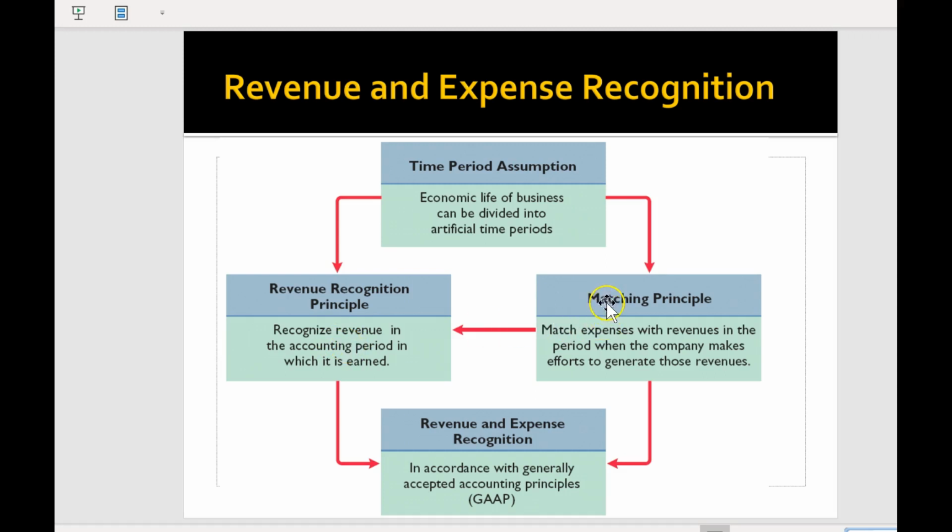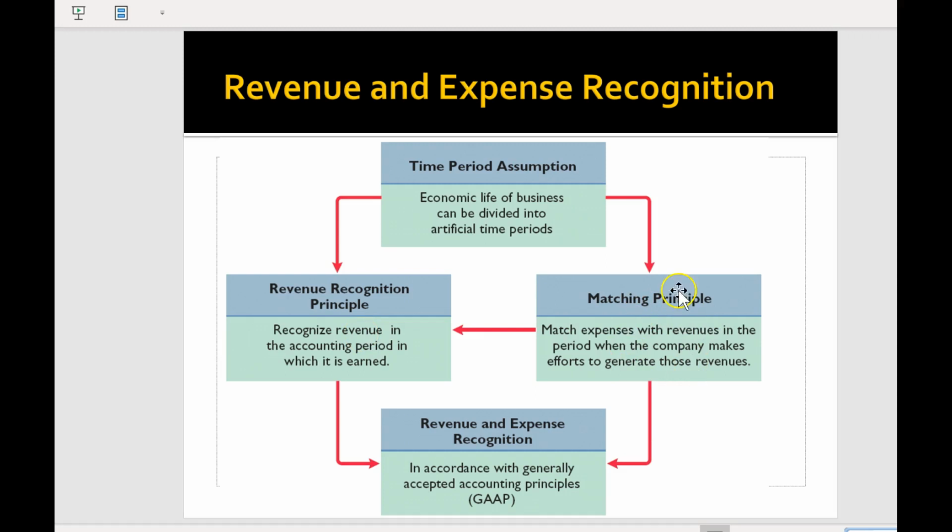The second question we ask ourselves is, did we use up resources to generate the revenue? In the supply example, if we use up the supplies, let's say you use up a pen, you use up the board, you use up a string when you're providing the guitar lessons, that is matching with the money you earn in the month.